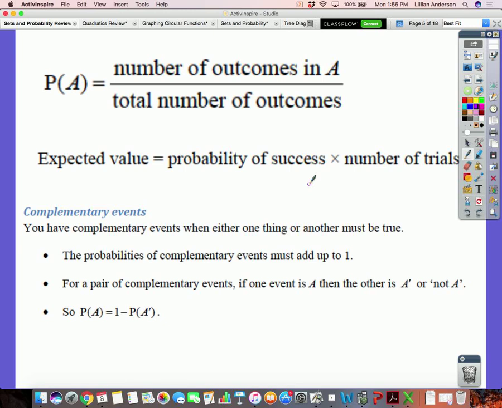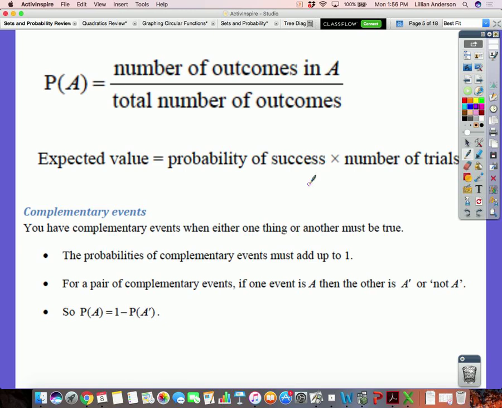All right. Expected value. We talked about this at some point in time with probability. I can't remember exactly when, but basically, it is the expected number that you should get when you are performing something.